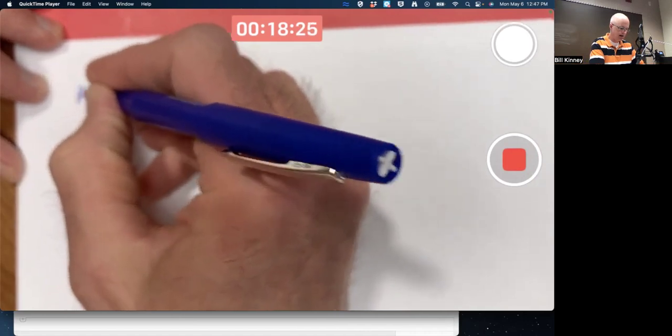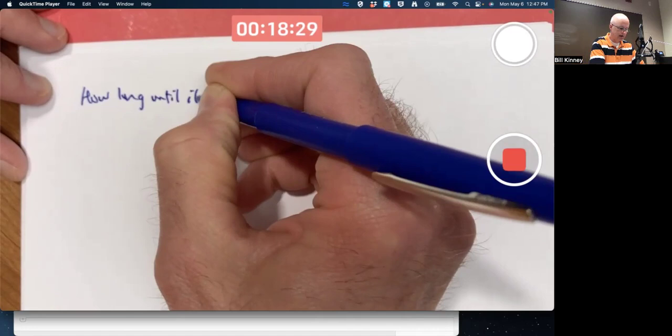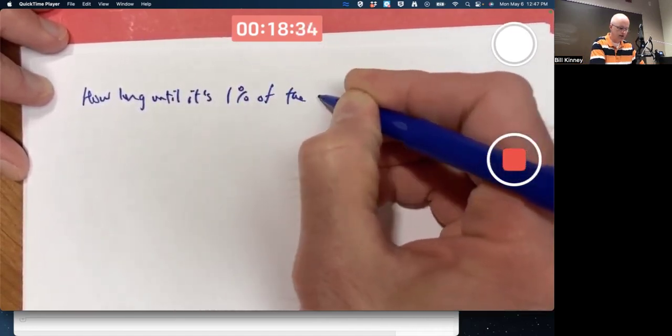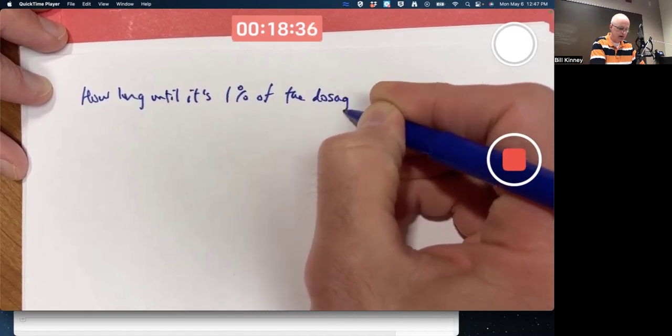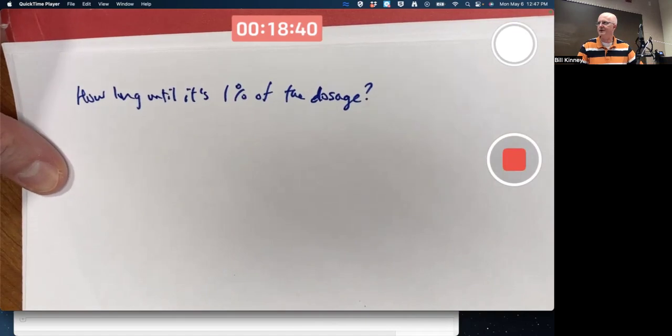Let's say we want to figure out how long until it's 1% of the starting amount, the dosage. Maybe even at 1% of the dosage, it's still effective.